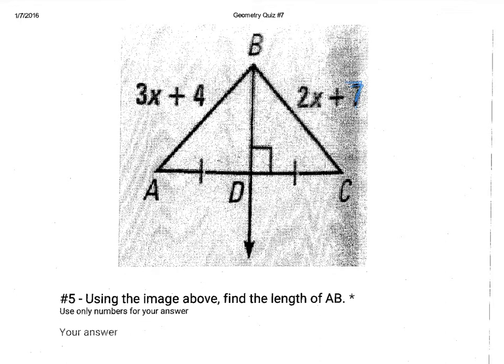I'd set those two equal to one another, given the fact that this is going to bisect this one. Since these two sides are the same, just set up an equation where those two sides are equal. Solve for x. Once you solve for x, though, plug it in and find the actual length of that side AB.